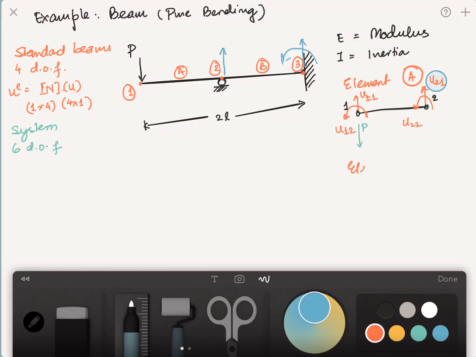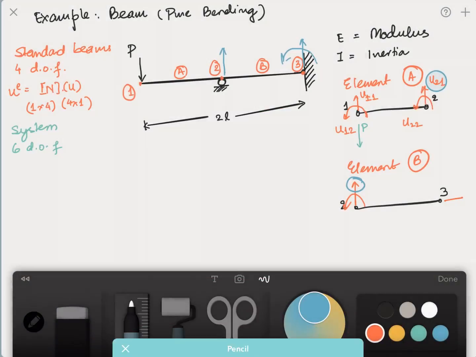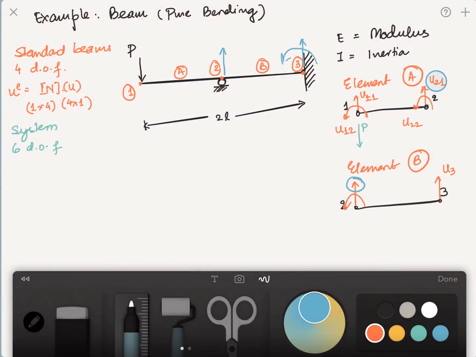Then I'm going to write here the diagram for element B, and I know I have node 2 that is shared, and we already know this one is fixed, and here we have U31 and U32, and both of them are going to be fixed. And of course there are no loads acting, there will only be a reaction which will act at node 3, and there will be a vertical reaction at node 2.